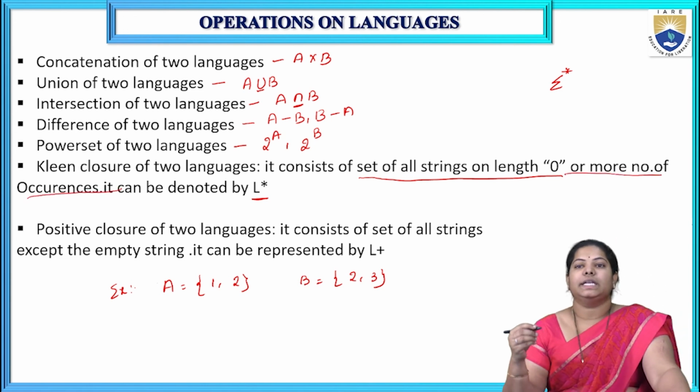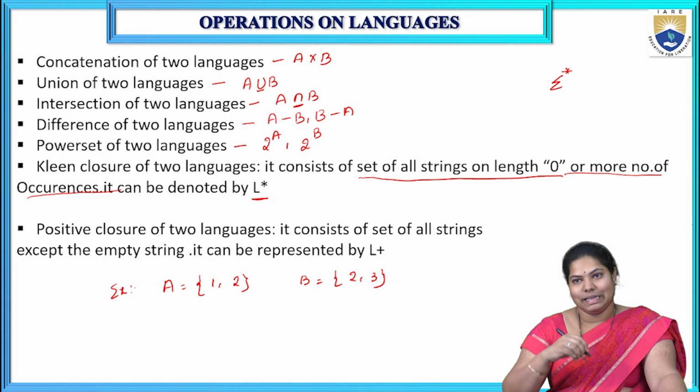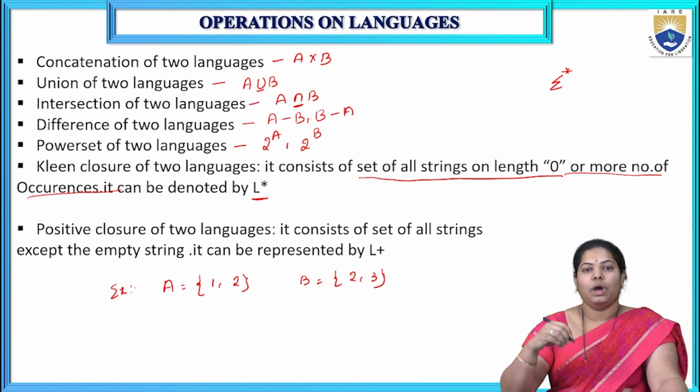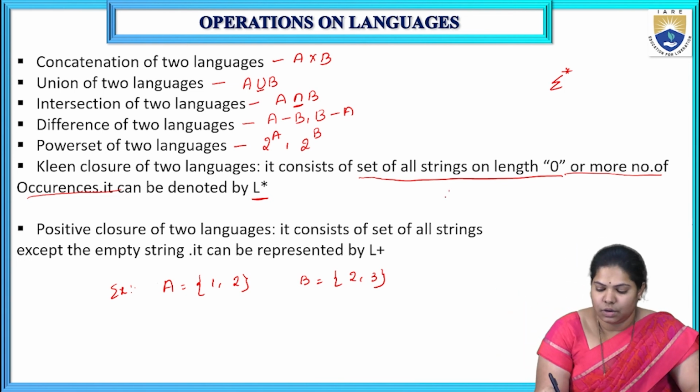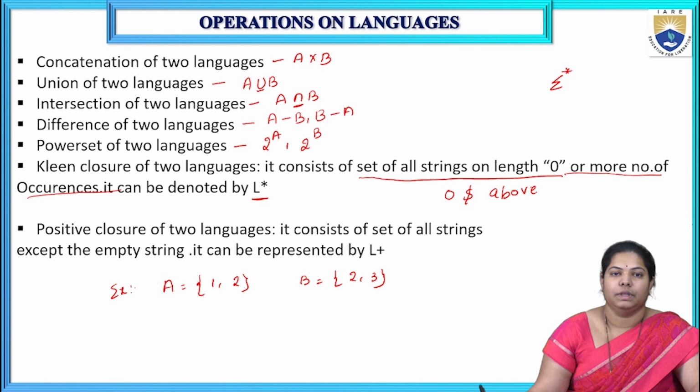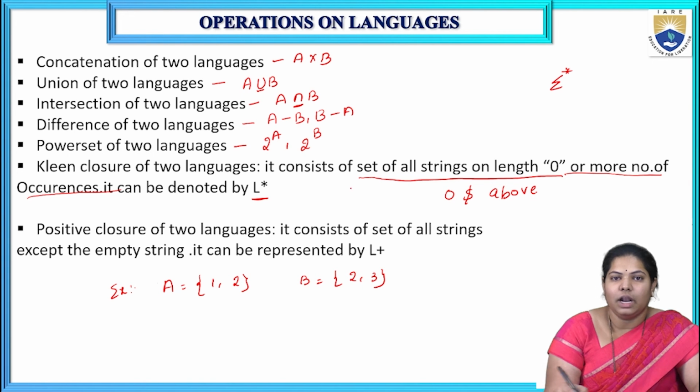That means it contains all string lengths 0 and above. How much above? Infinity. It accepts the set of all strings of length 0 and above. We call it epsilon star. So Kleene closure is represented by using L star.